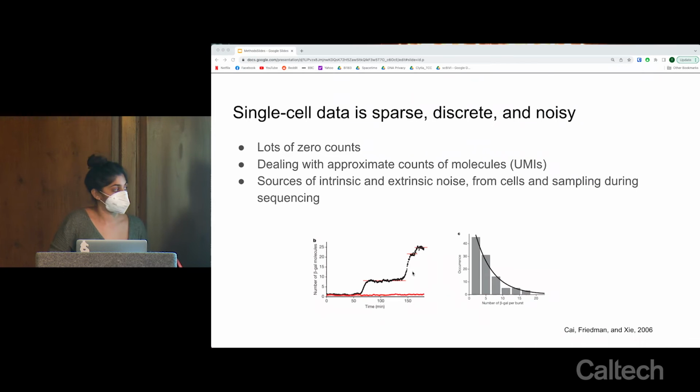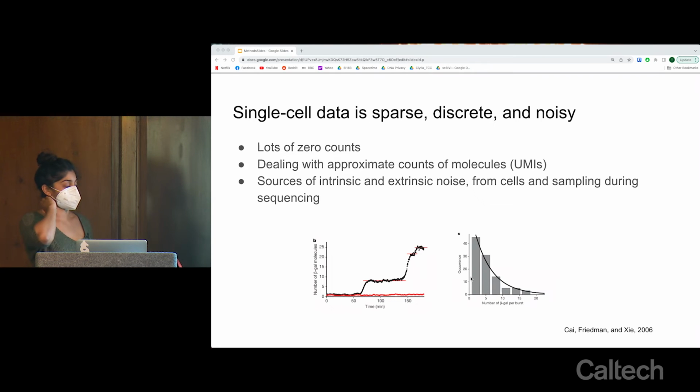In these bursts, the number of molecules produced follows some distribution, a geometric distribution in this case. That means there is inherent stochasticity within these cells. So even the same gene is getting produced at different amounts, and this is why, among many other reasons, you get variability between cells, even in a cell line, even in a controlled condition.